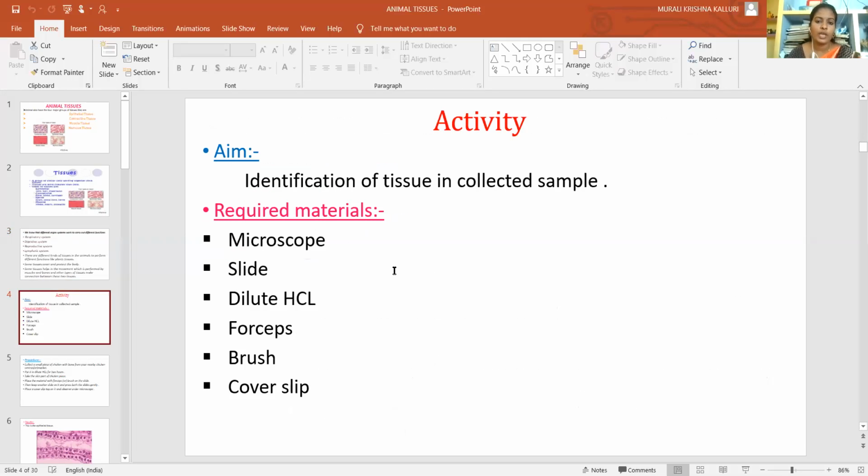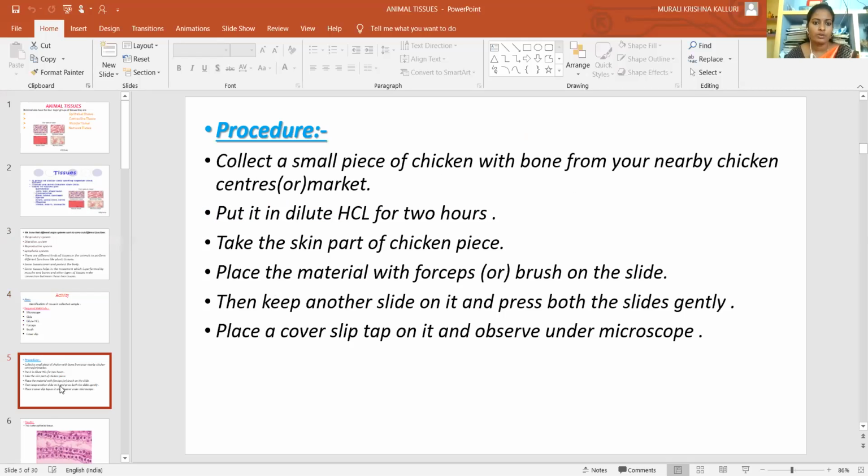Let us do an activity: identification of tissue in some collected samples. We require materials like a microscope, slide, dilute HCl, forceps, brush, and cover slip. Collect a small piece of chicken with the bone, and put the chicken piece in the dilute HCl.